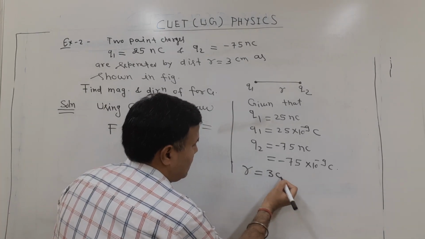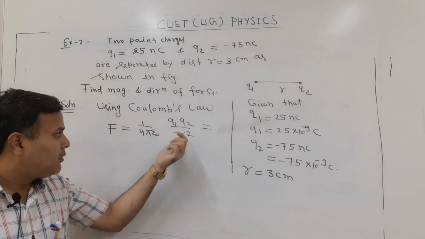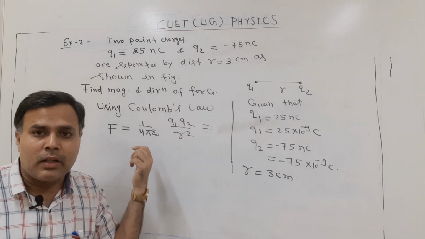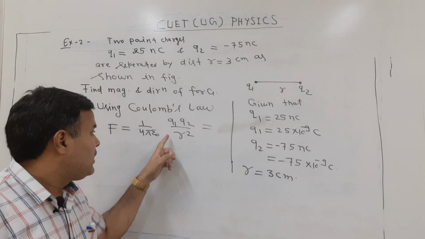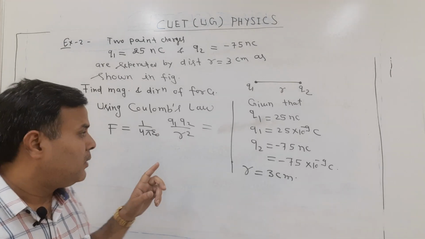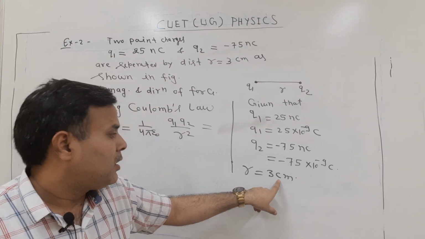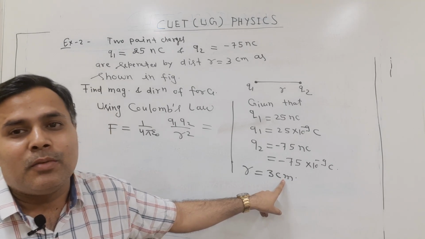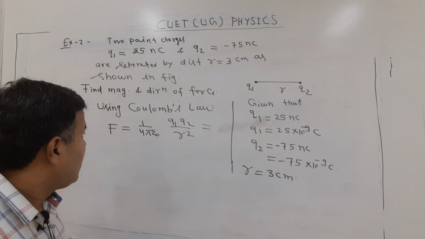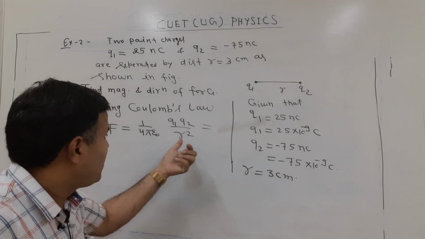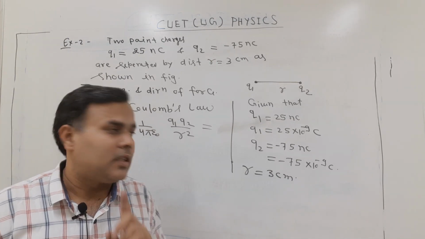R is 3 centimeter. Mind it, in this expression the unit of F is Newton, which is an MKS unit. So each and every parameter must be in MKS unit, but in the example our r is 3 centimeter, and centimeter is a CGS unit. So anyhow we have to convert, and take care of our unit system, so that each and every parameter is in the same unit system, whether MKS or CGS.